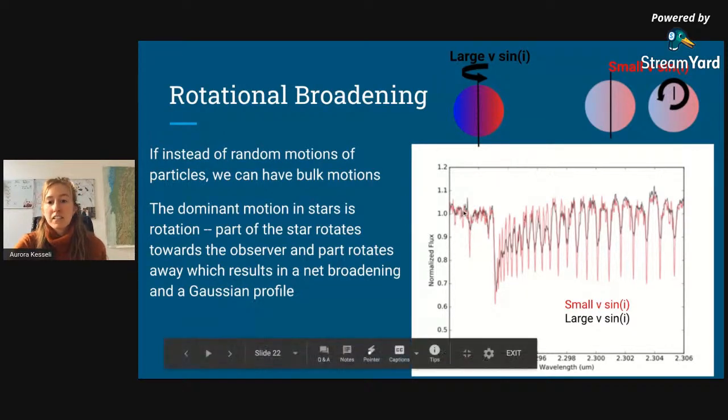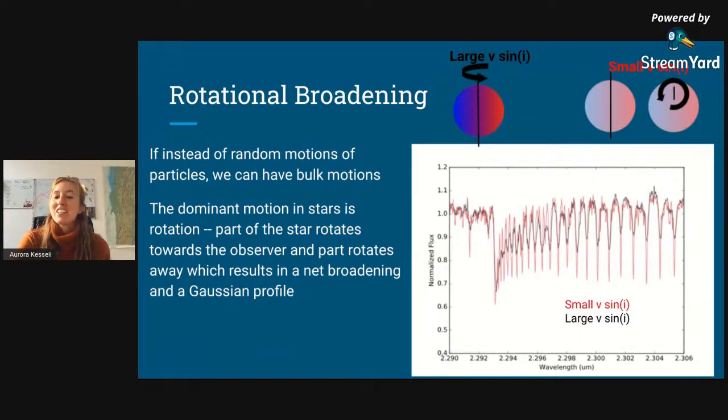Here's the same image that I showed before, except now I'm using it, instead of demonstrating just the band head, to show a spectrum in black that has a large V sine I, and a spectrum in red that has a small V sine I. Again, this is the carbon monoxide band head at 2.3 microns.